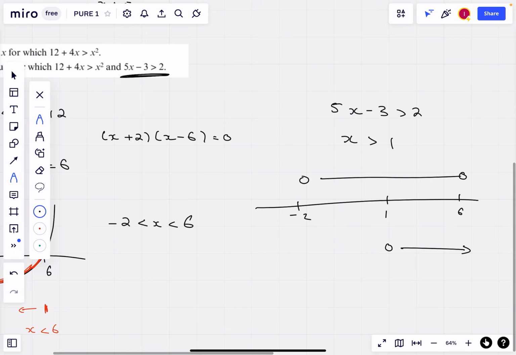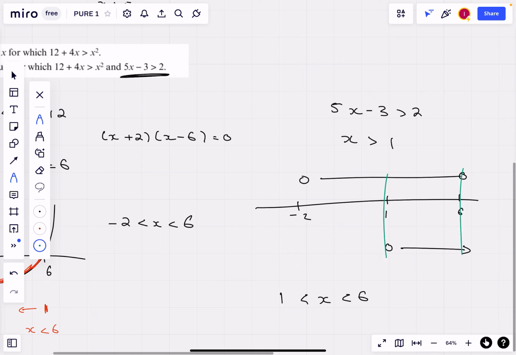The inequality that includes both of those rules is 1 is less than x, which is less than 6. We're looking at the bit where it overlaps.